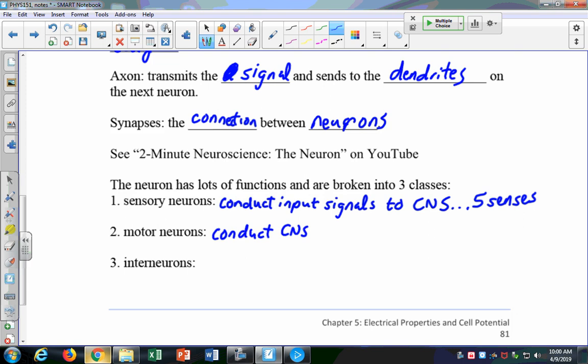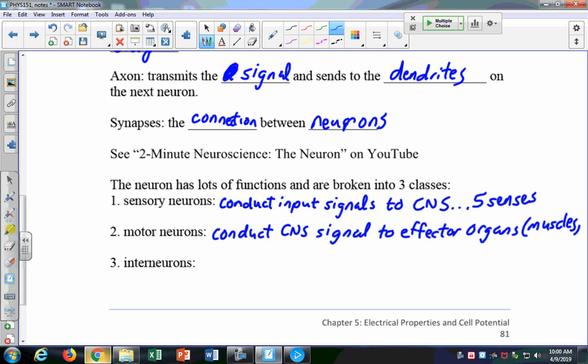So after the brain has integrated all this sensory input and it determines a response, it'll send that signal to the effector organs. So for example, muscles, if you touch something hot, it'll process that and send it, and you remove your hand from what you're touching.